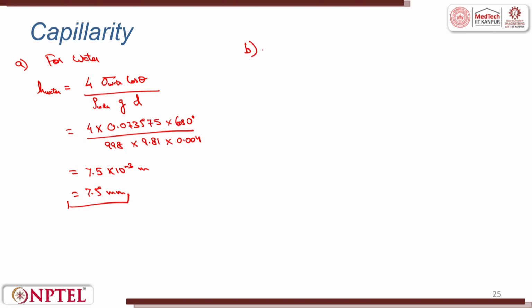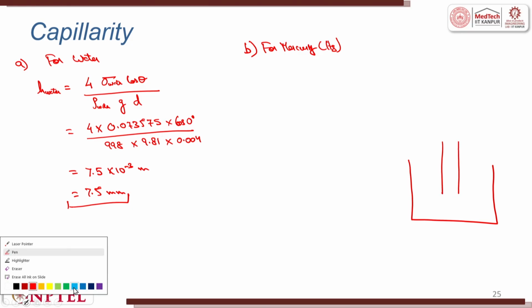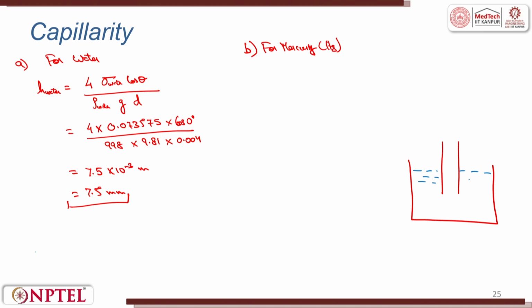Now for mercury, that is Hg, the figure would be something like this. They say the angle is also there and there would be capillary downfall here. For instance, if I have mercury here and a tube of 4 millimeter immersed here, it would be something like this. I have taken a darker color here. When capillary action happens in mercury, it falls down here and there is an upper meniscus.